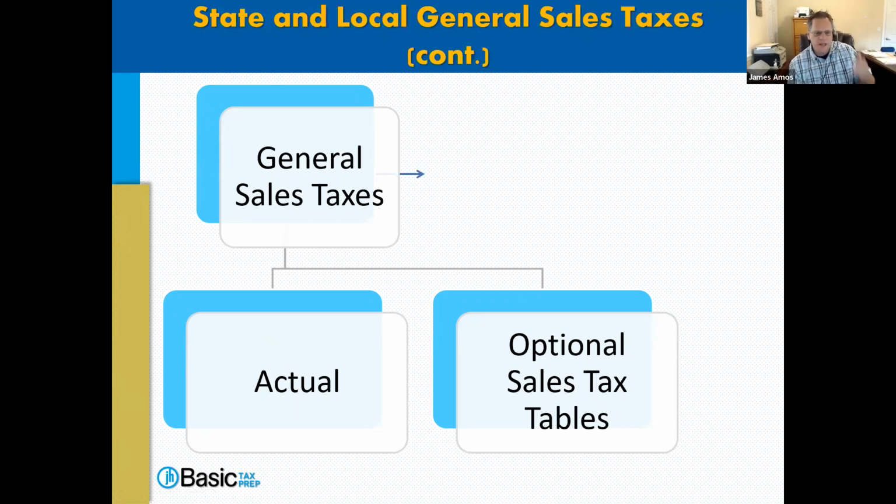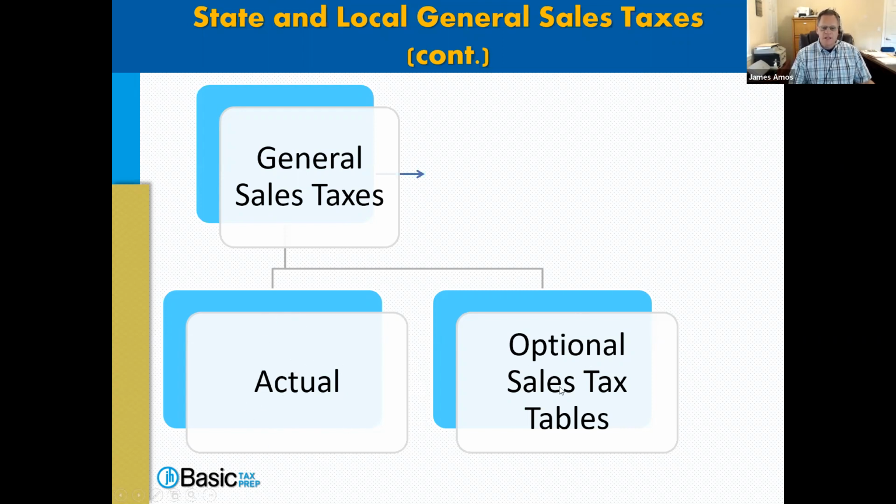If you're living, say, up in Washington, it would be really hard to keep all of your receipts every time you buy something and add up all of your actual taxes paid. We're talking every time you go to the store, every time you go out, everything. That would be hard. So very few people use actual.